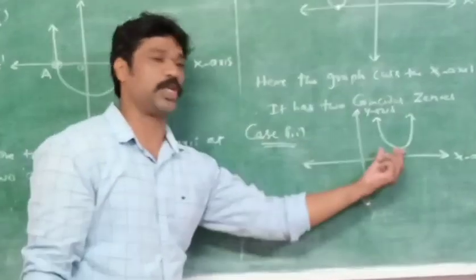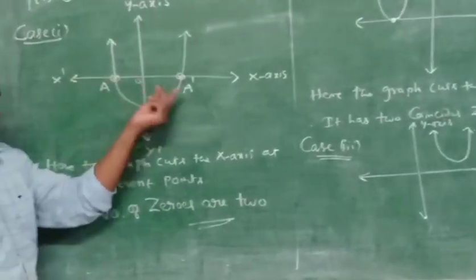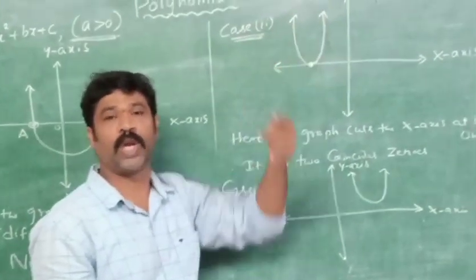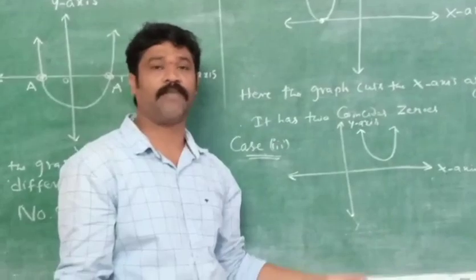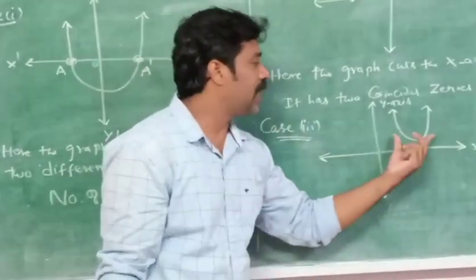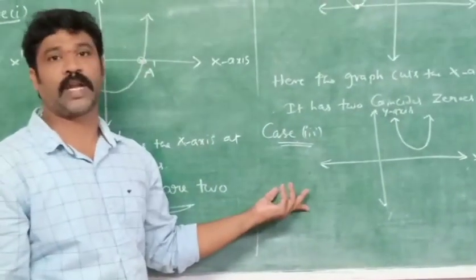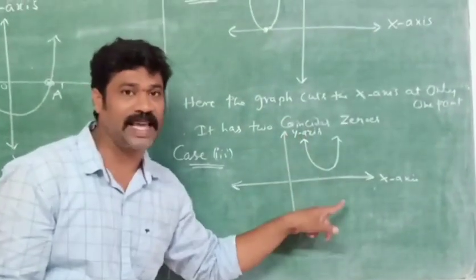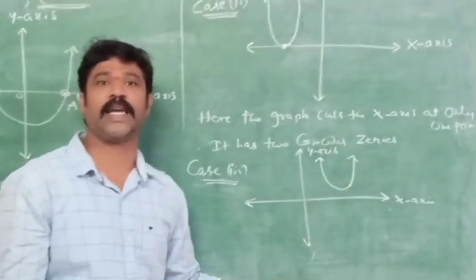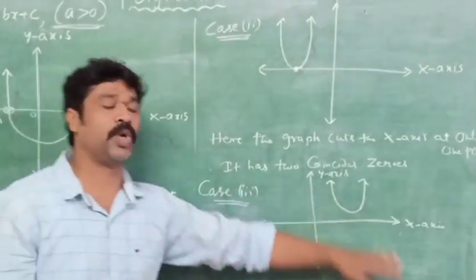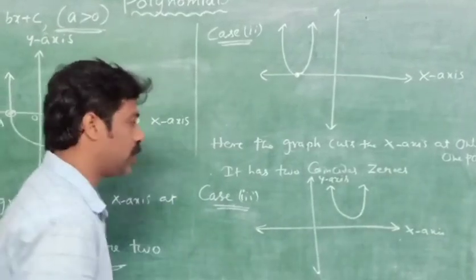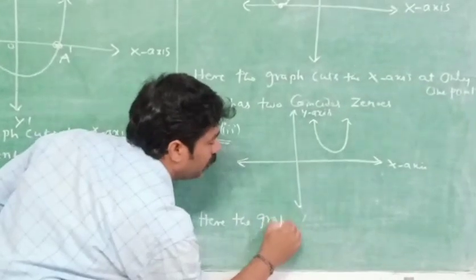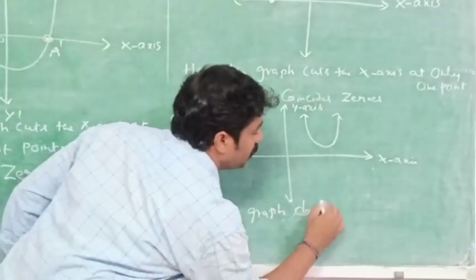So this is also one of the possibilities. So the first possibility is the graph cuts the x-axis at 2 different points, in the second possibility the graph touches at only one point, and in the third possibility the graph does not touch the x-axis. If it does not touch the x-axis, then what can we conclude? We get zeros only if the graph cuts the x-axis. But here the graph does not touch the x-axis, so we can say that it has no zeros.